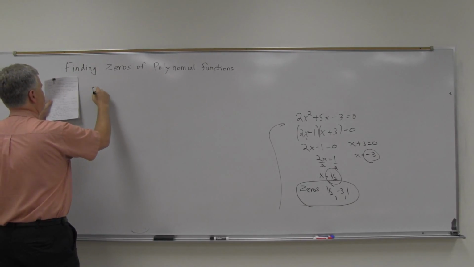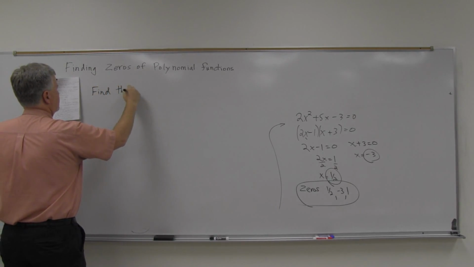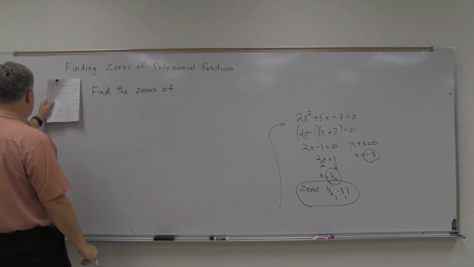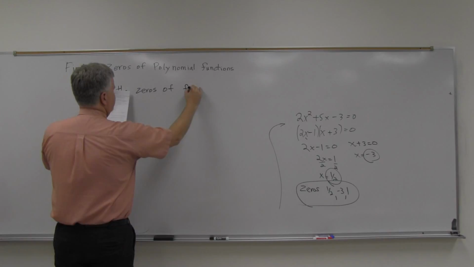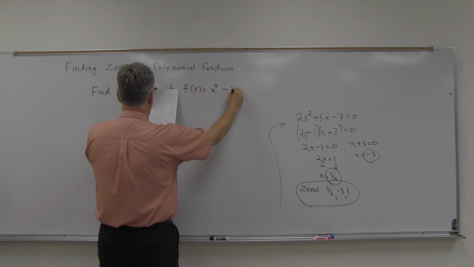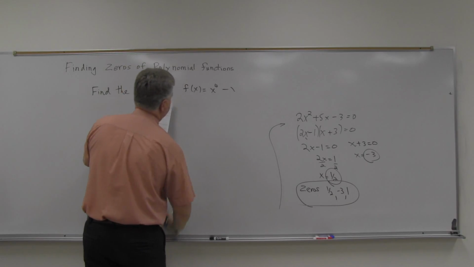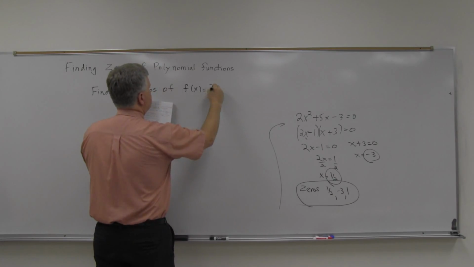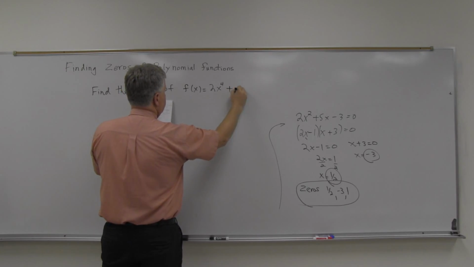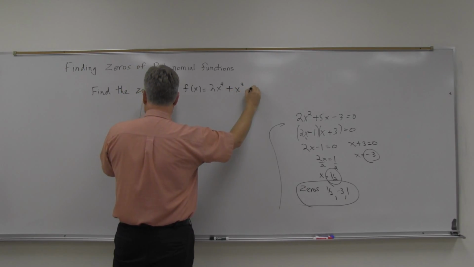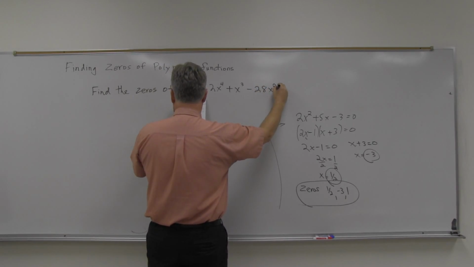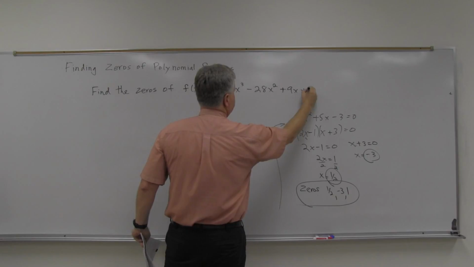So let's find the zeros of f of x equals x to the 4th minus 2x to the 4th plus x cubed minus 28x squared plus 9x plus 36.